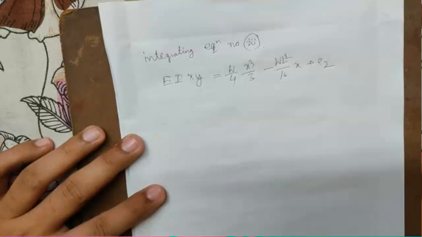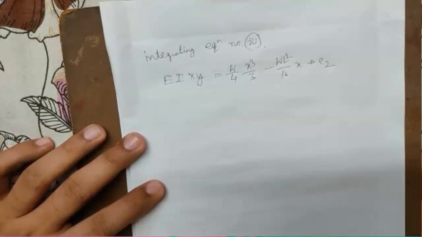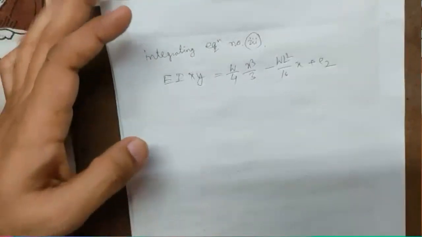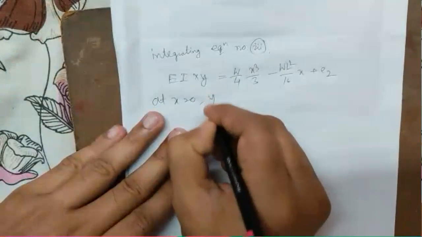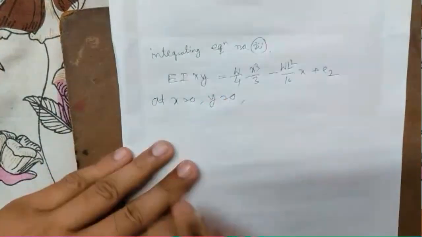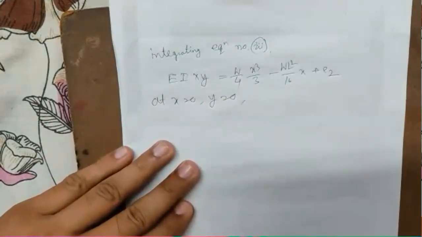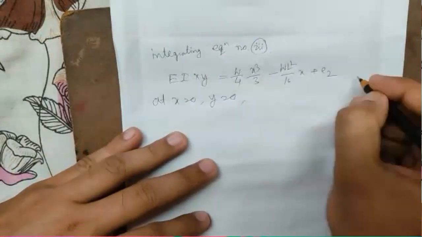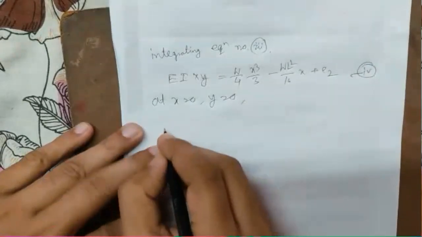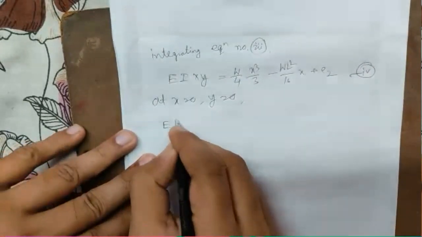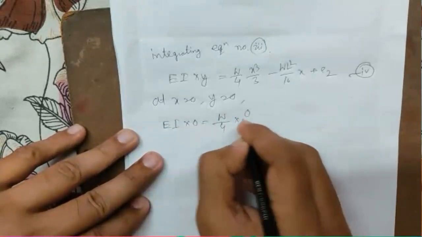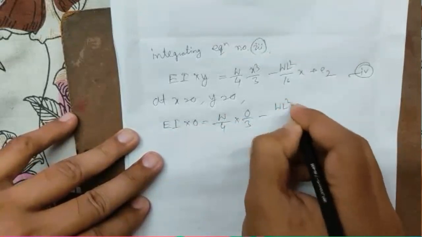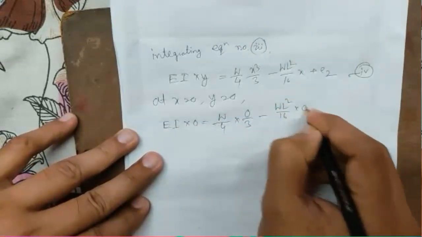The boundary condition to be used here is at x equal to 0, the deflection y is 0. So at x equal to 0, y equal to 0. Put it into equation number 4. We will find EI into 0 will be equal to w by 4 into 0 by 3 minus wl square by 16 into 0 plus C2.